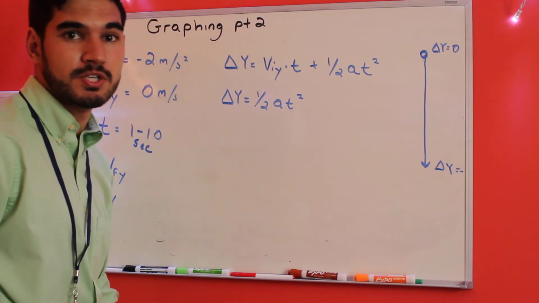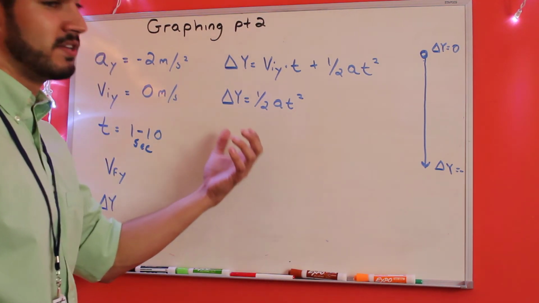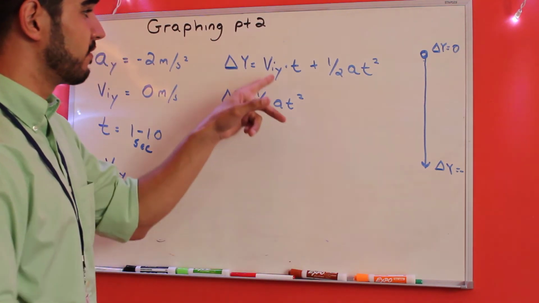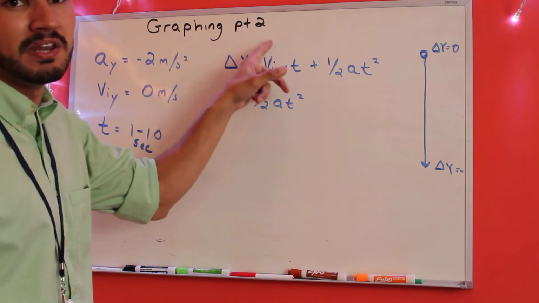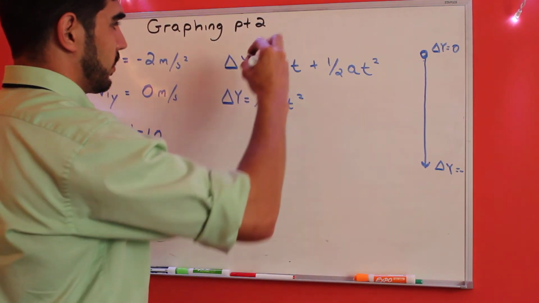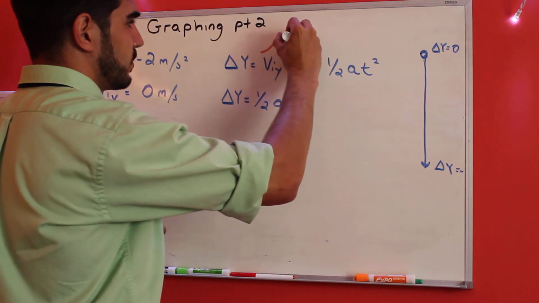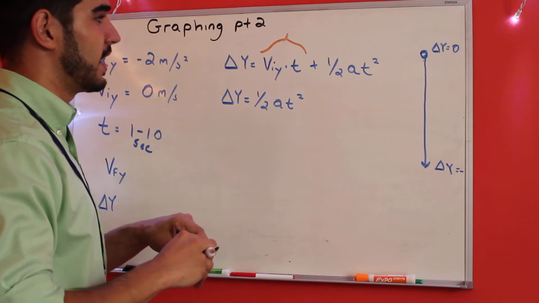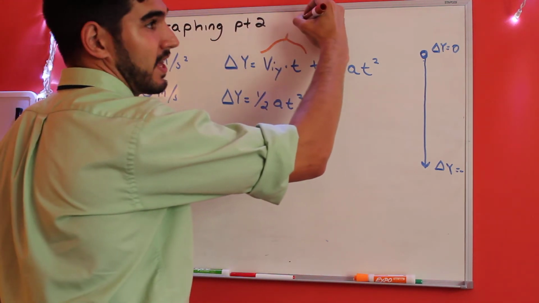When I'm dropping something and I'm looking for my displacement exclusively in Y, and I dropped it from 0, for this term to be omitted it needs to have viY equals 0. Otherwise, you have to calculate it.